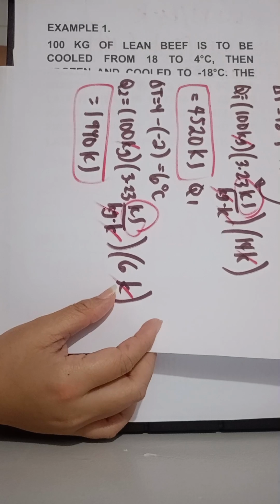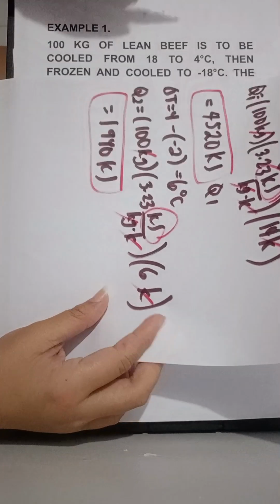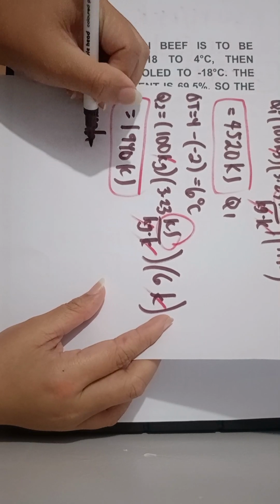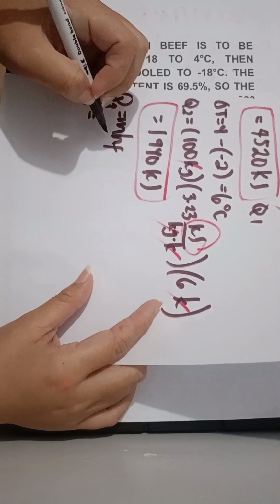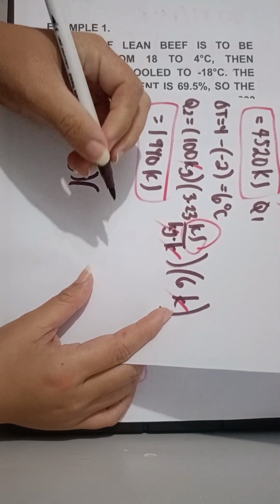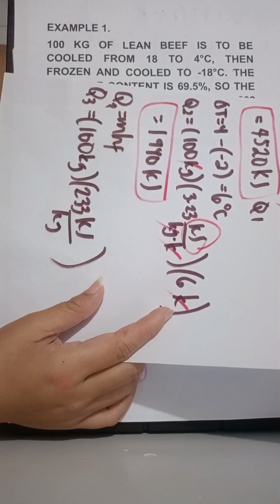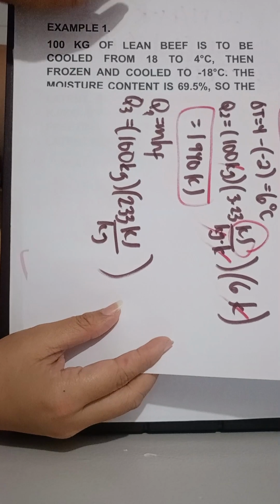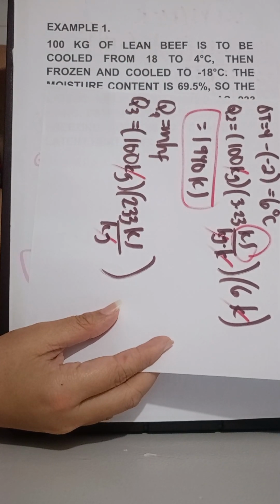And then for freezing the beef, we are going to use Q equals M hf. This is for Q3. So, 100 kilogram multiplied by 233 kilojoule per kilogram. Since the kilogram is in the denominator, we can cancel it. So what remains again is kilojoule.